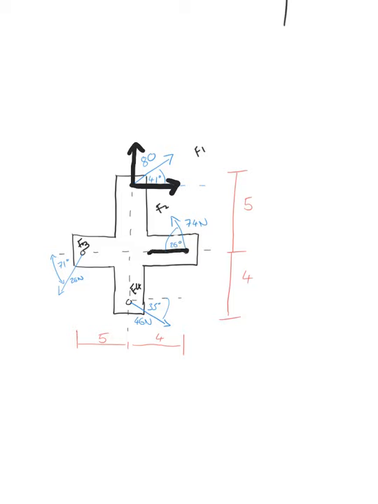F2, I would have to go left horizontally and up vertically. F3, left horizontally and then down. And F4, I would have to go to the right and down to get to that same point.